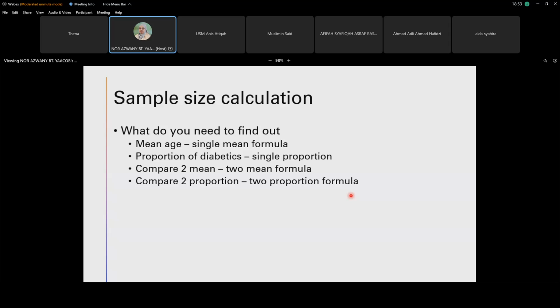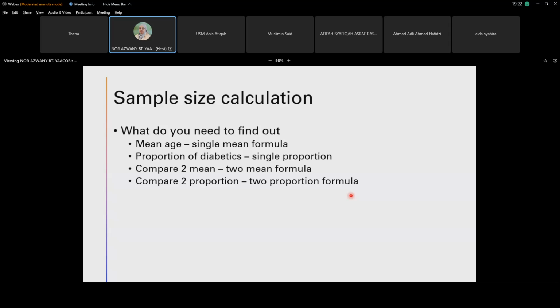If you want to compare, let's say this morning you presented pre and post test, right? You want to know whether your knowledge is increasing or not. So how many people do you have to survey so that you can really get the correct answer?